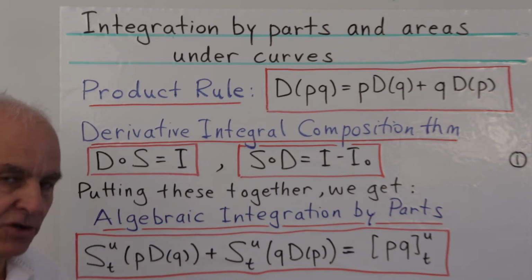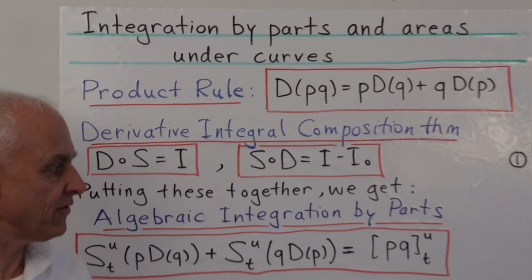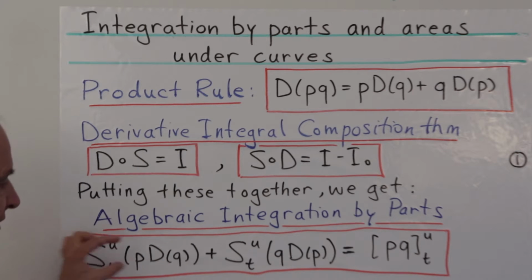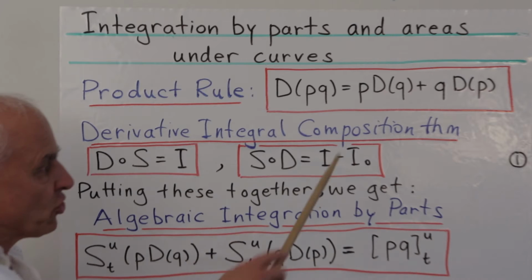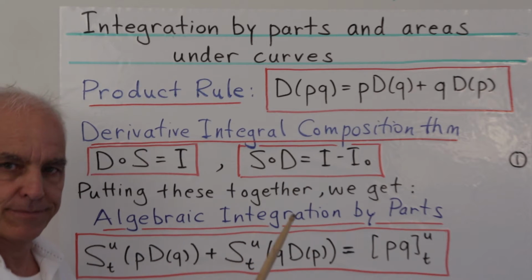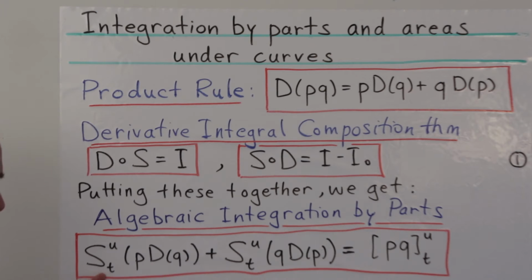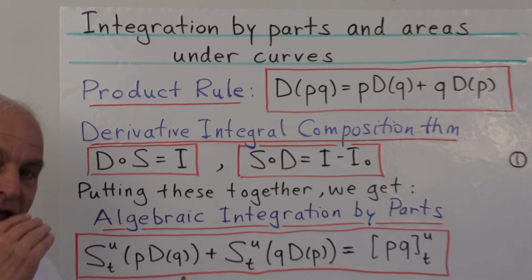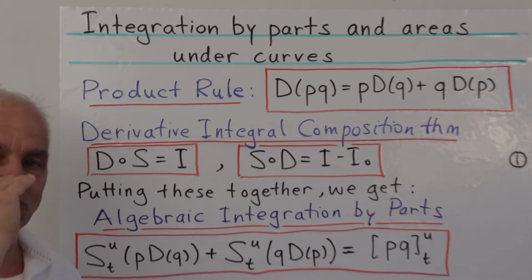Now to get rid of that constant term, which is a little bit of an inconvenience, we look at a relative integral. So we're going to integrate from t to u. I'll remind you what that means. S sub t to u of, say, p is the integral at u minus the integral at t.